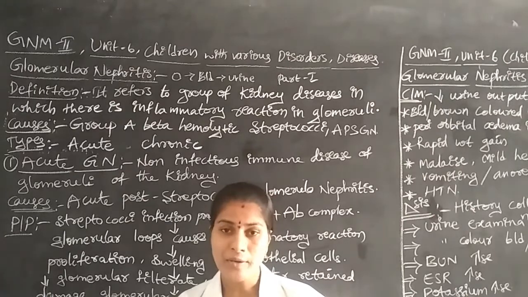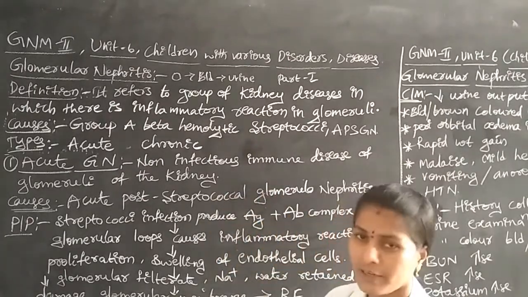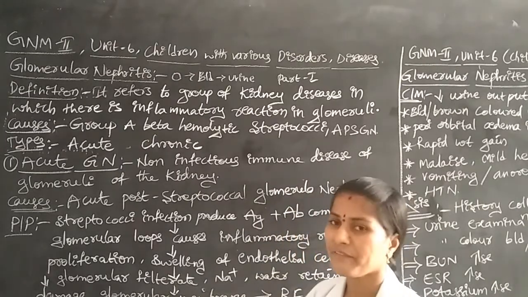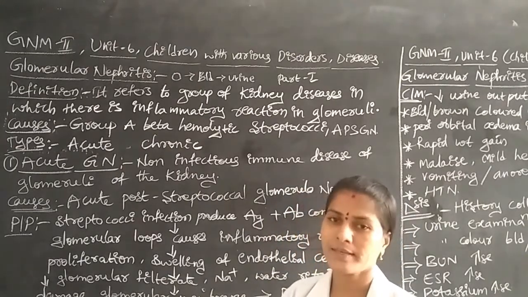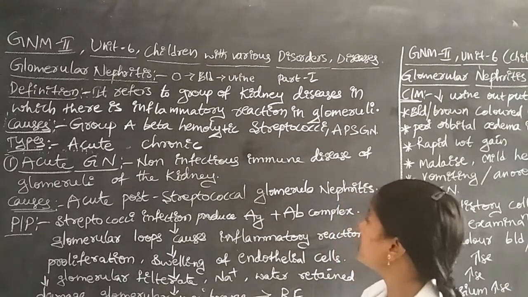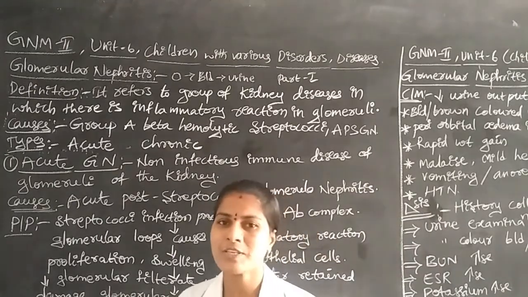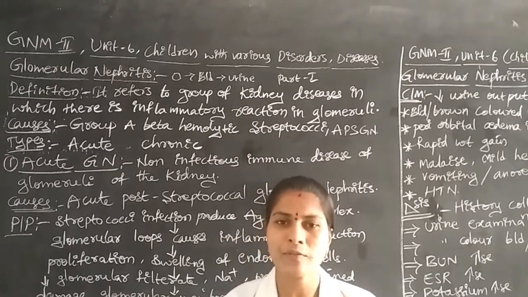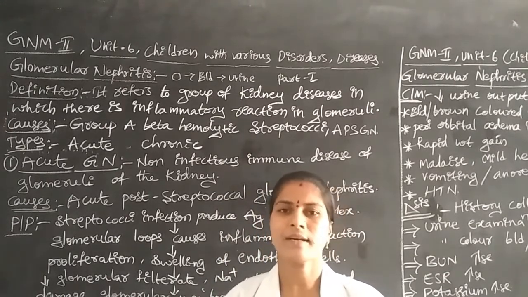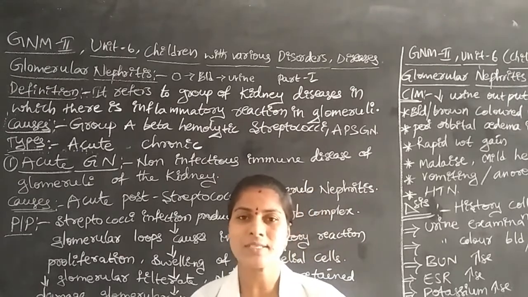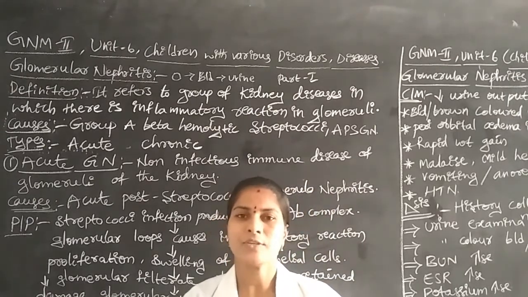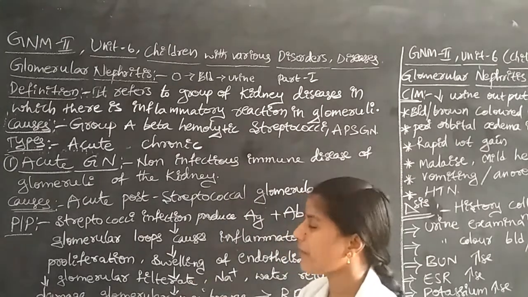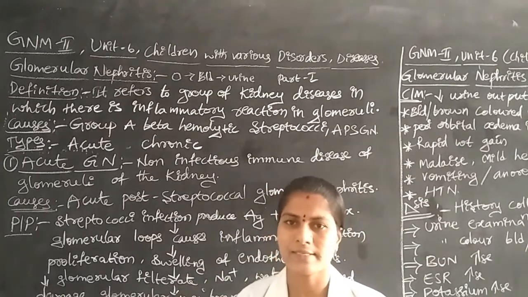Acute glomerular nephritis is a type of non-infectious disease. In this, a particular infection is not there, but the disease comes due to alteration or changes in the immunity of the human body. When there are alterations in immunity, children may suffer from this type of acute glomerular nephritis.